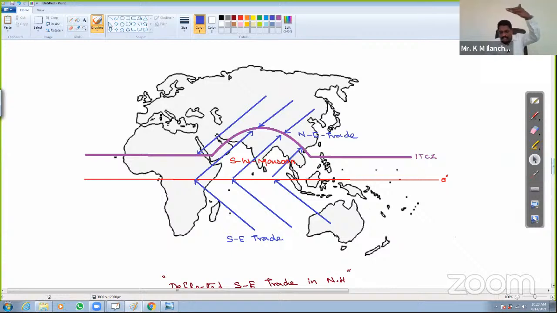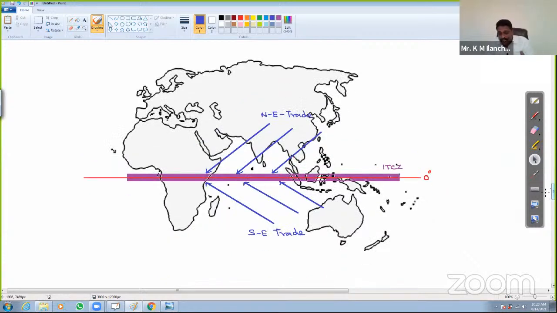Now it gets re-established over the Indian landmass. This re-established trade wind is what you call the northeastern monsoon. Northeast monsoon is a normal condition, while southwest monsoon is a reversed condition.